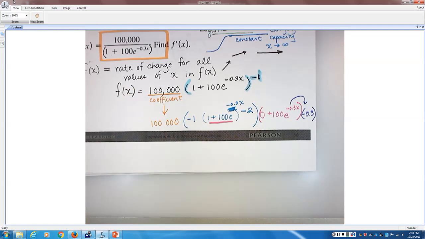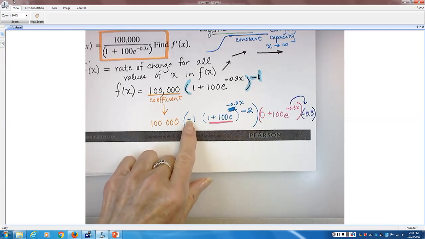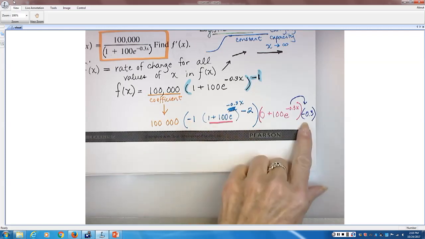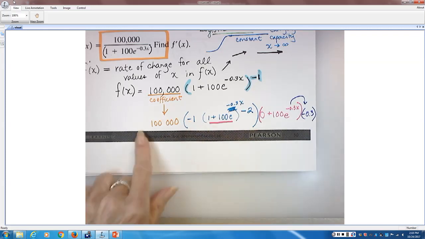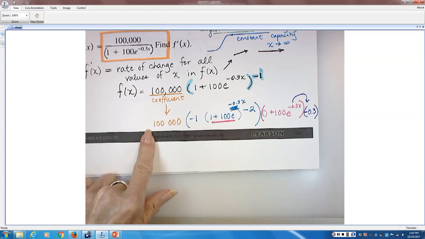So now I'm ready to try to clean that up because it does look pretty bad strung out like that. But I have to be careful that I keep the sense of what my parentheses are doing as I go along. But I can also take into account that multiplication is commutative, so I don't have to leave this -1 and this negative 0.3 and this 100,000 as all separate coefficients. Coefficients multiply that whole entire expression.